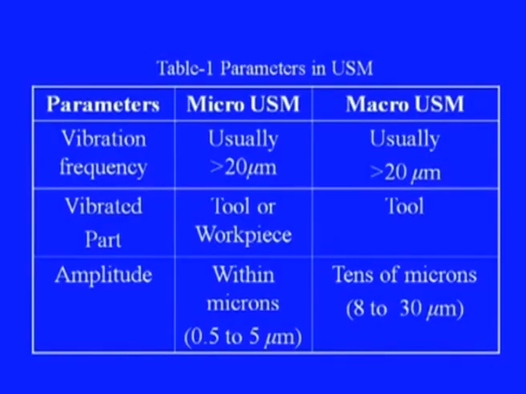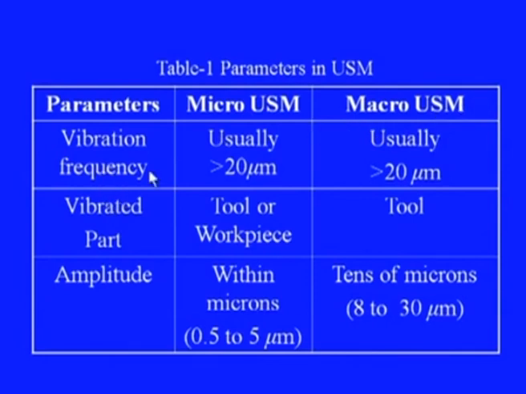It finds its main advantage in machining non-conductive, hard and brittle materials, as we have already discussed with respect to the normal USM. The distinguishing parameters of micro and macro USM are illustrated in this following table. Let us see where we differ as far as micro USM and macro USM are concerned.